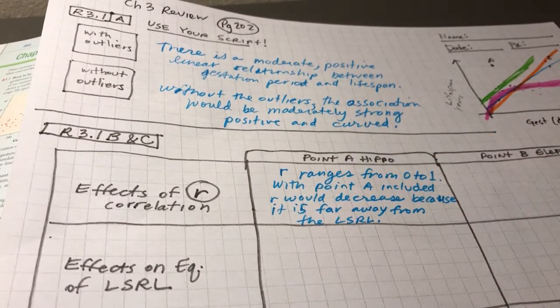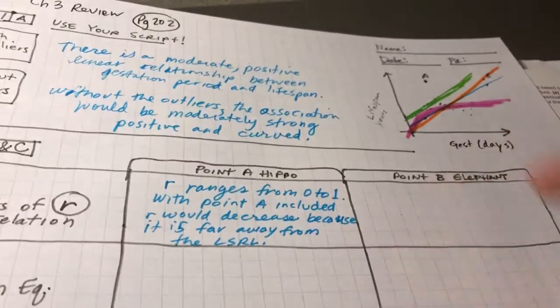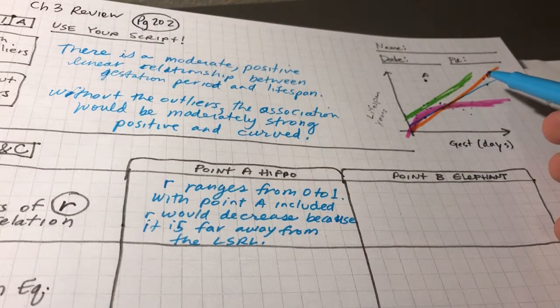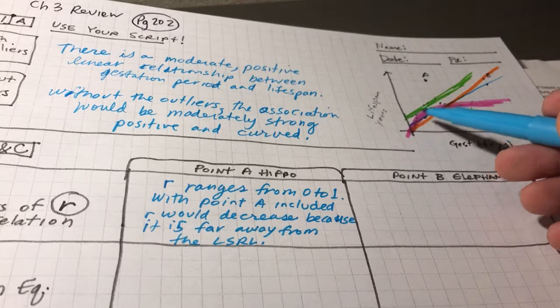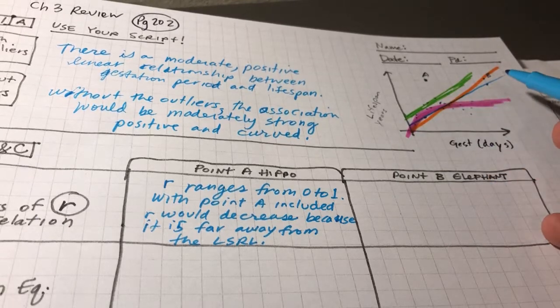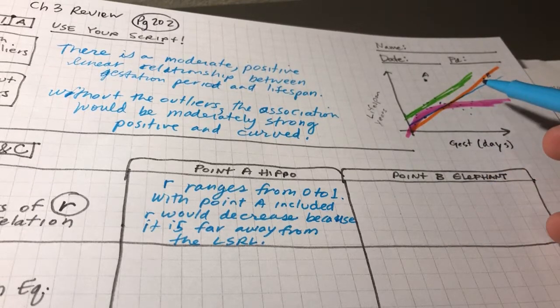Okay. Now, how would B affect R? So if you notice how we extend even the green line or the orange line, B actually ends up landing on there.